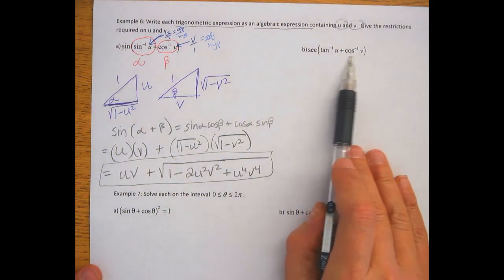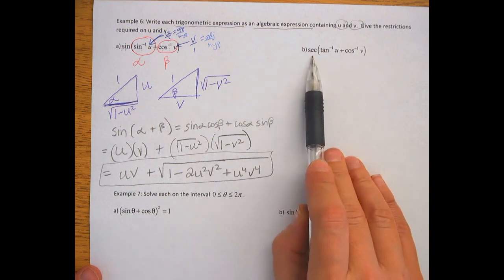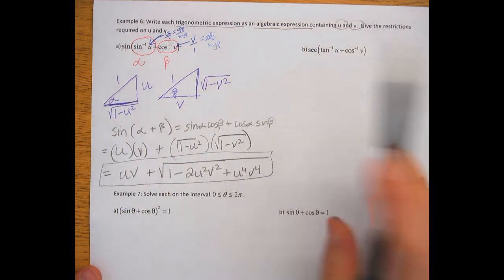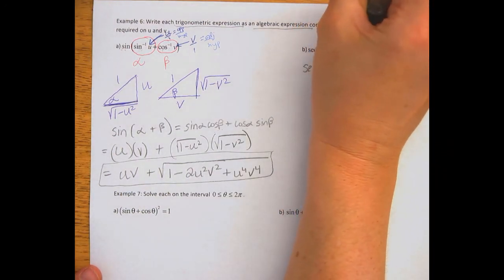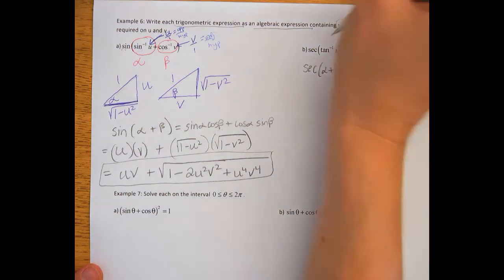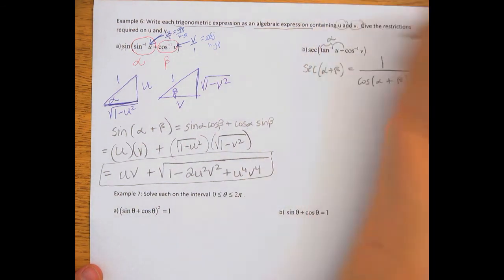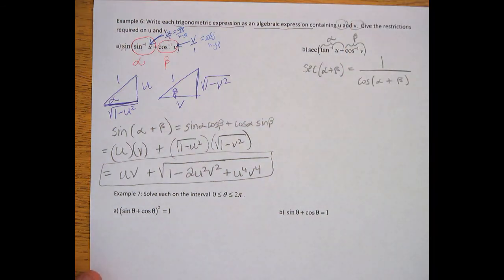You would do a similar thing here. The only difference is that I am finding secant. So I know that secant of a sum of angles would equal 1 divided by cosine of a sum of angles. And again, tan inverse of U is my alpha. Cosine inverse of V is my beta. So I'll make a couple triangles here.